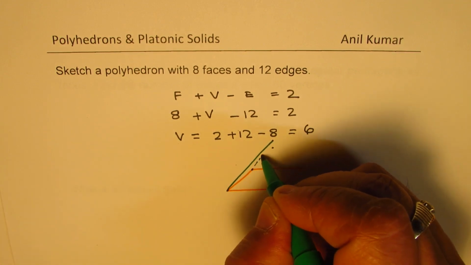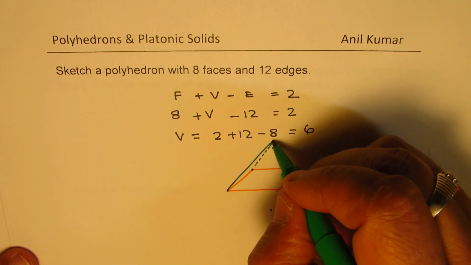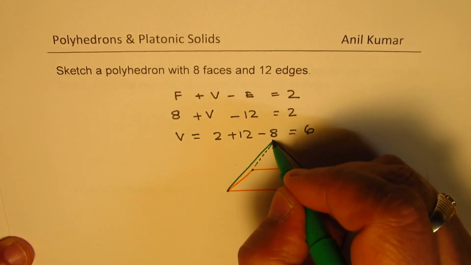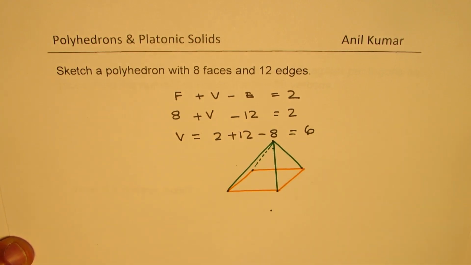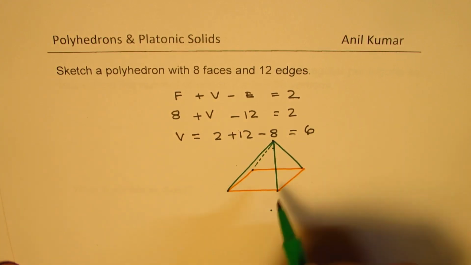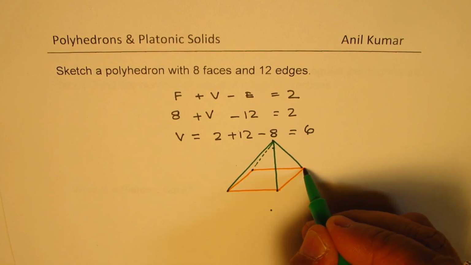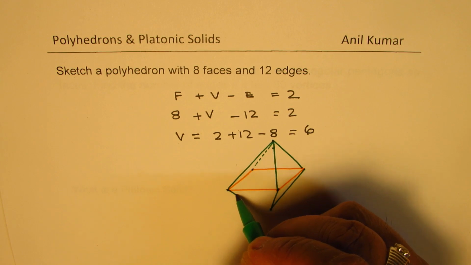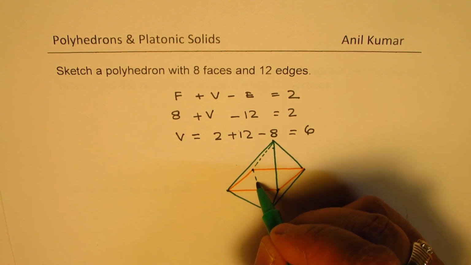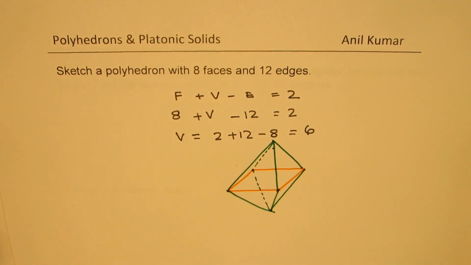I purposely shifted it a bit so that I can clearly show you a drawing. So that becomes the top, do you see that? And this is the bottom part, something like this. Correct?